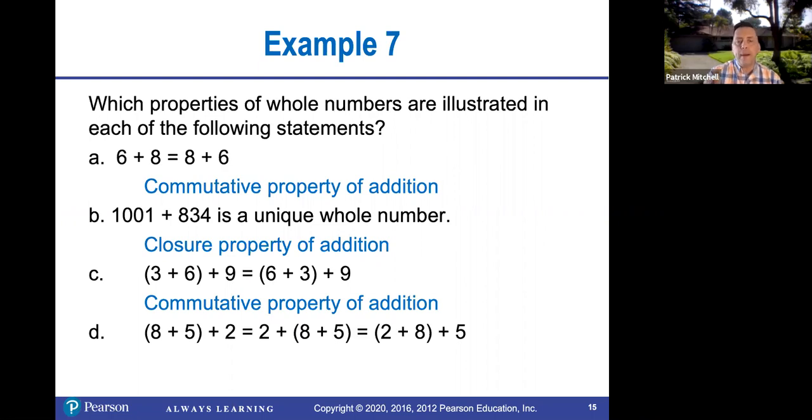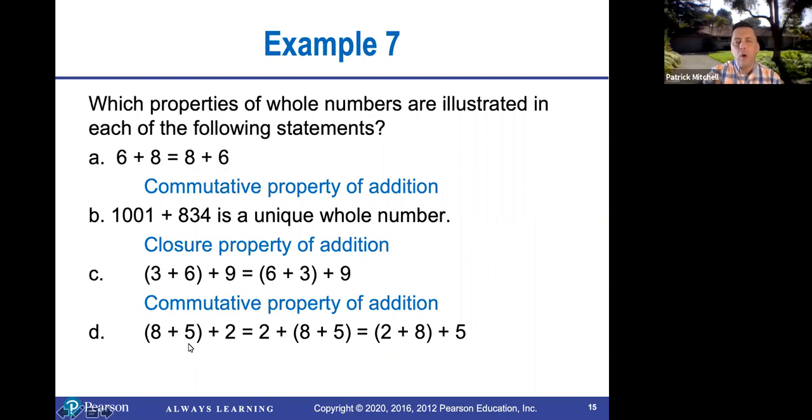All right, which property or properties say that the sum of 8 plus 5 and 2 is the same as the sum of 2 and 8 plus 5? Okay, so that part might be one property. And then that the sum of 2 and 8 plus 5 is the same as the sum of 2 plus 8 and 5.